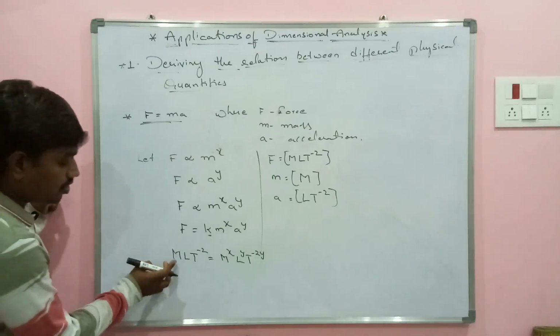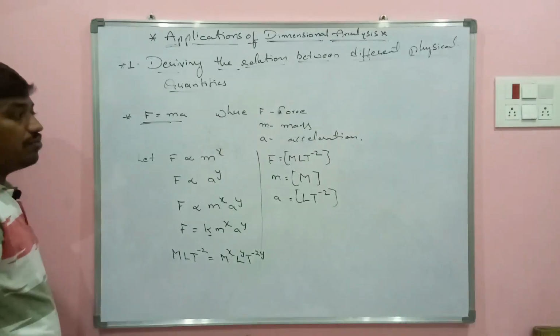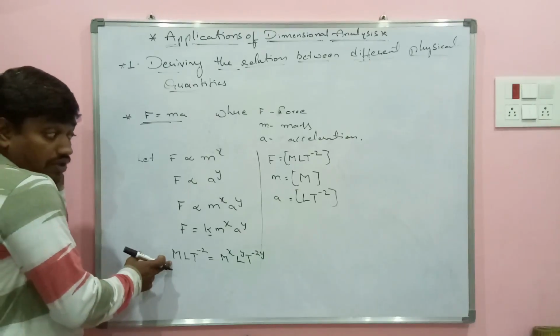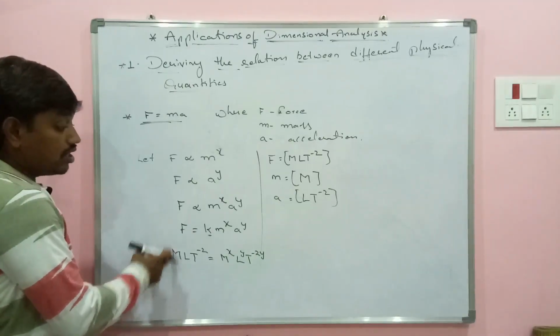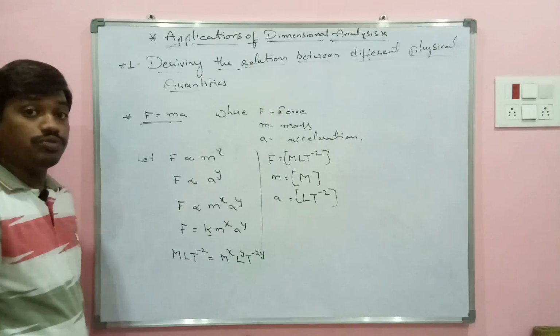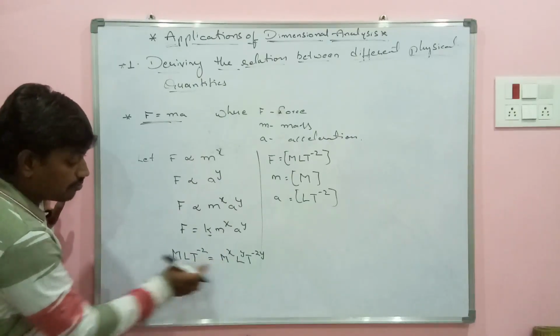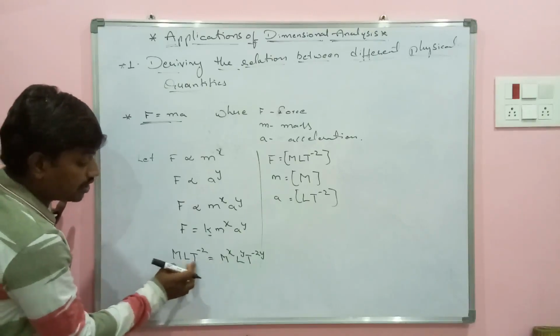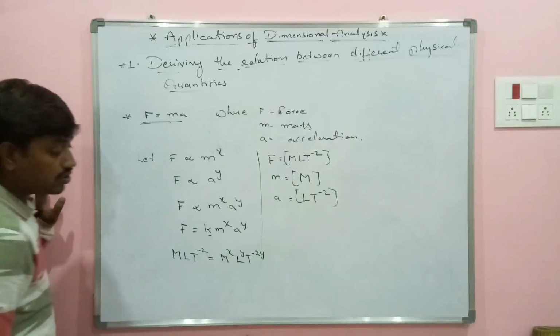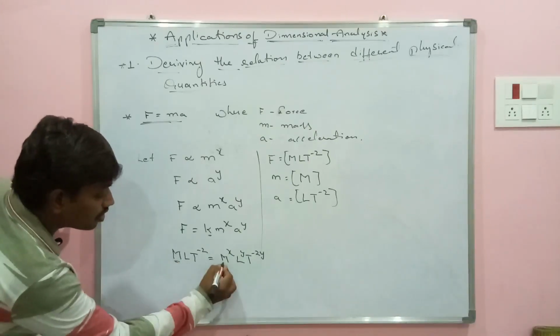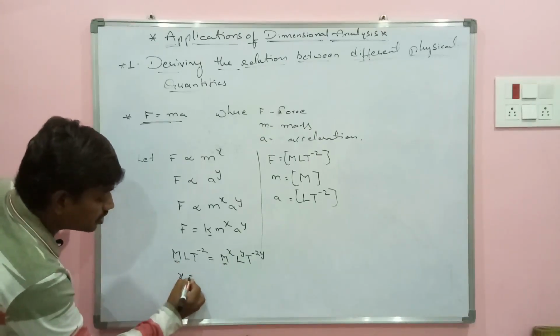So now, applying the principle of homogeneity to this equation. For an equation to be correct, the dimensional formula on either side should be same. So now, mass are same base, length same base, and time is also same base. So from here I will be getting x is equals to 1.